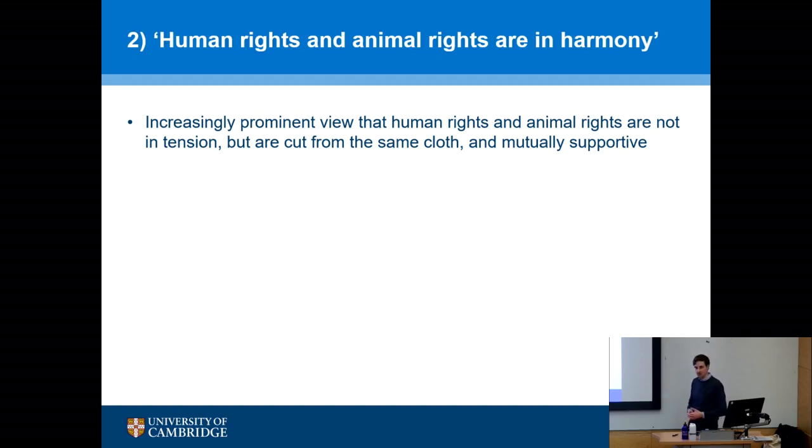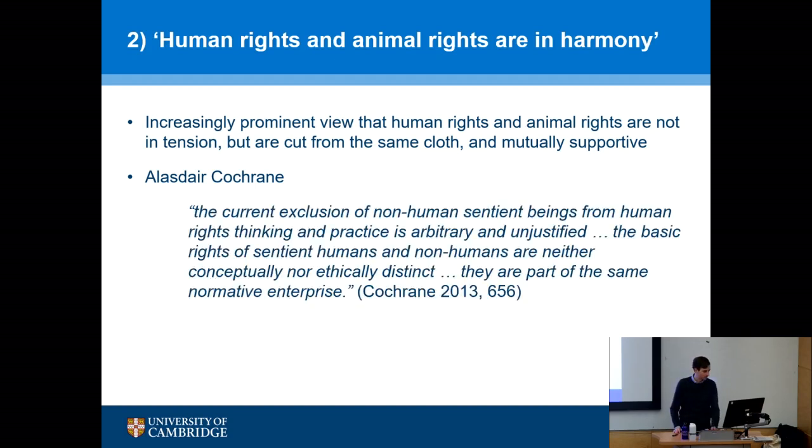The idea is human rights and animal rights, if you look closely, they're really cut from the same cloth. And so if you support one, you're automatically also supporting the other. We also came across similar notions in Tom Regan, for instance, so this will be somewhat familiar to you, I think. Alistair Cochrane, I'm picking him as the best illustration for this particular view, but in essence, a lot of animal rights scholarship tries to broadly make this general point.